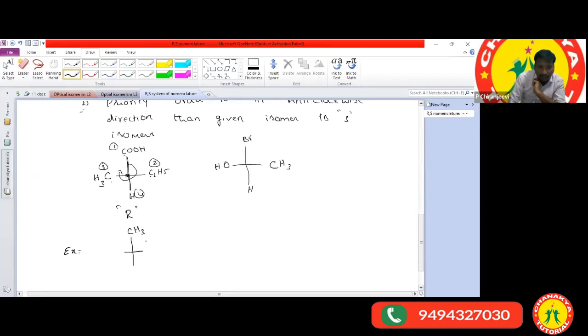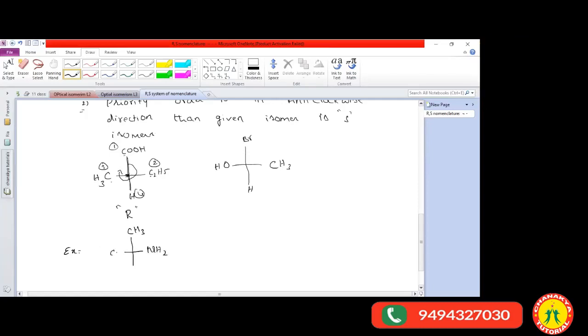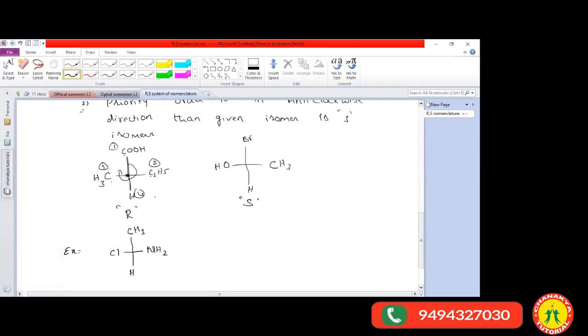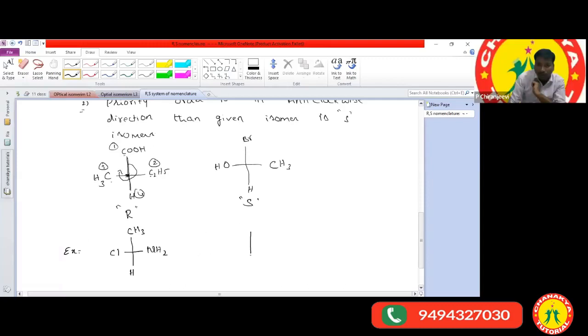Which isomer? Samhita? Sir, is it anti-clockwise? Anti-clockwise means which isomer, S isomer or R isomer? It is S isomer. Yes, sir. Okay. So next one more I had given.